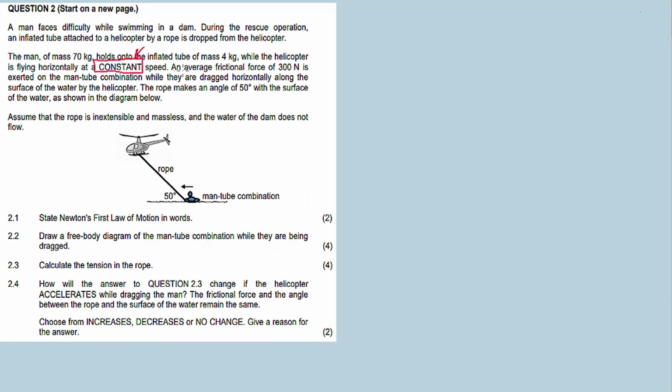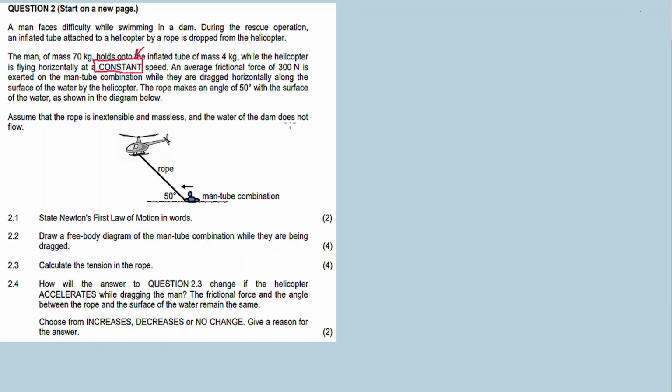An average frictional force of 300 newtons is exerted on the man tube combination while they are dragged horizontally along the surface of the water by the helicopter. The rope makes an angle of 50 degrees with the surface of the water as shown in the diagram below. Assume that the rope is inextensible and massless and the water of the dam does not flow.